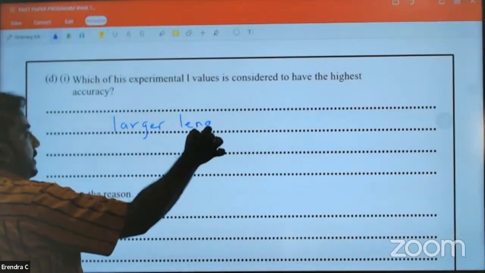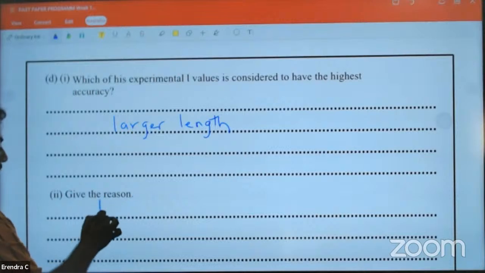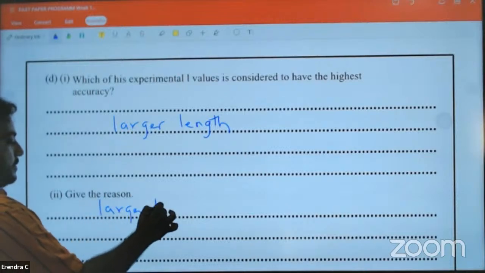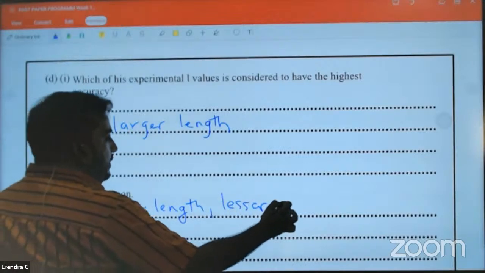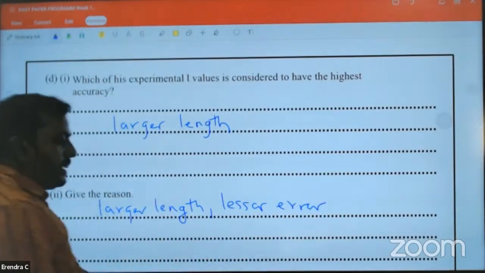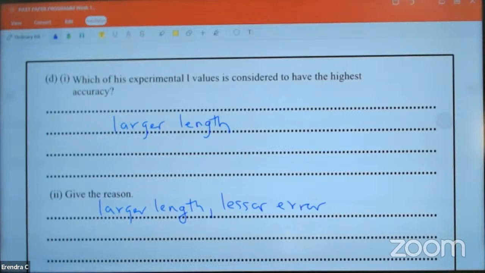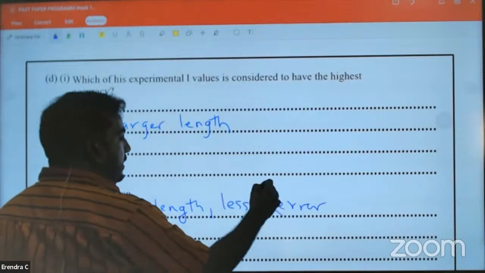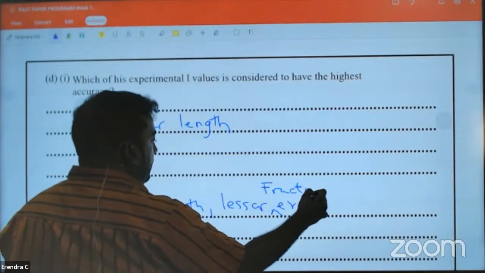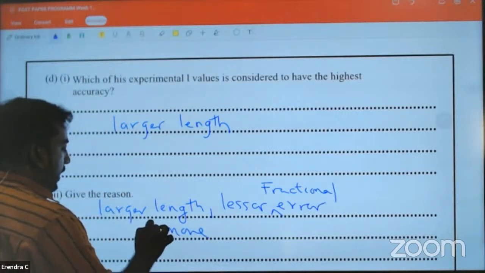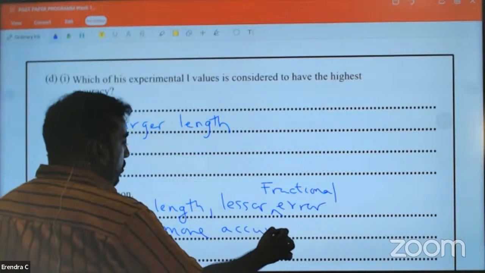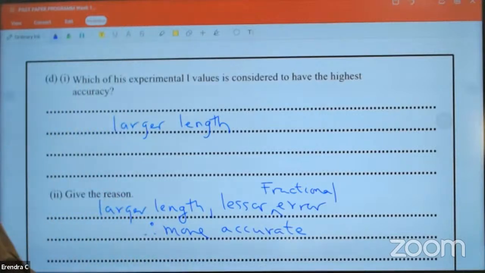The reason: larger length, lesser fractional error, therefore more accurate.